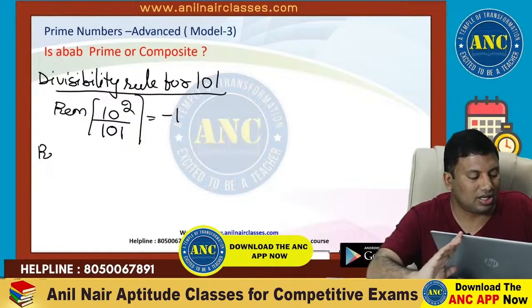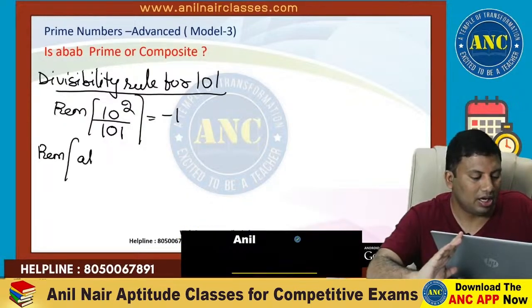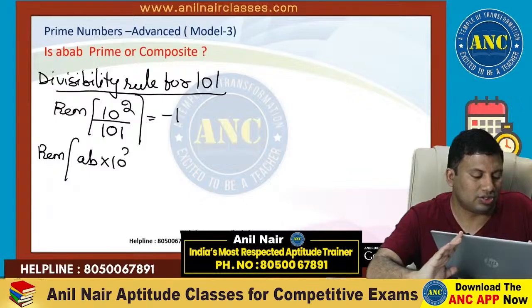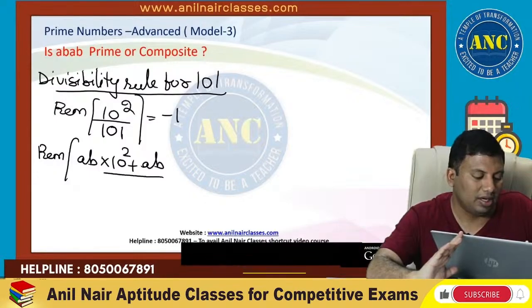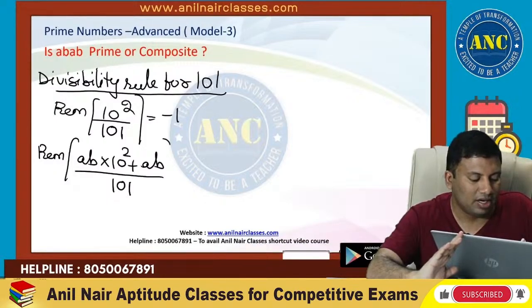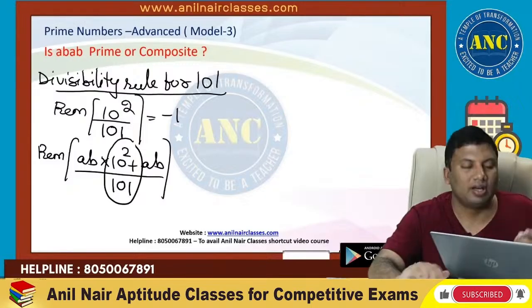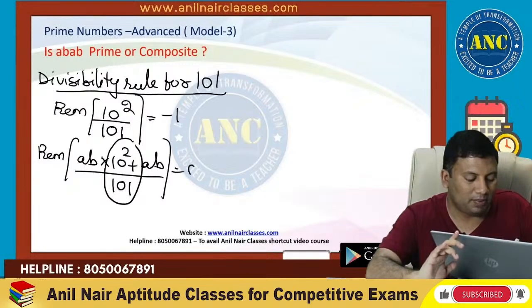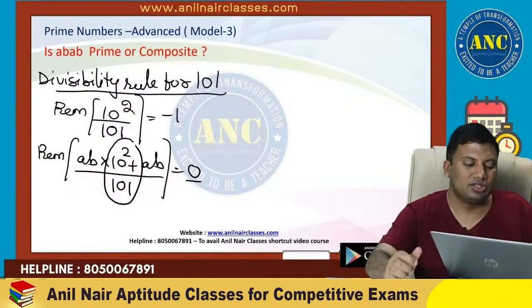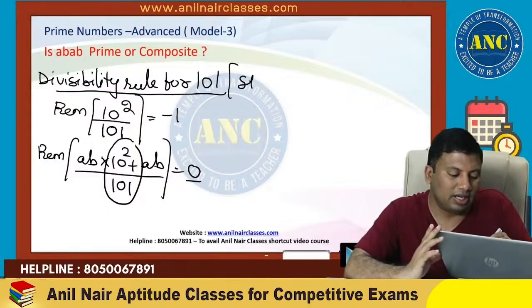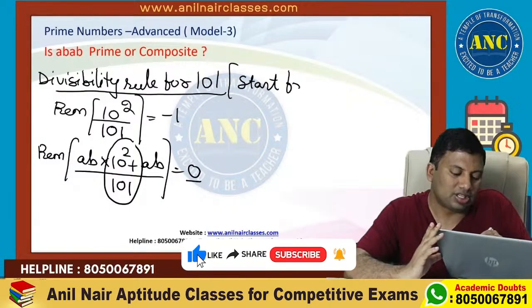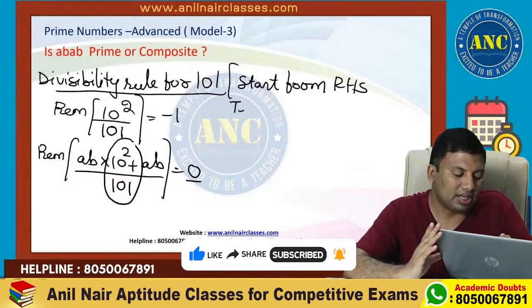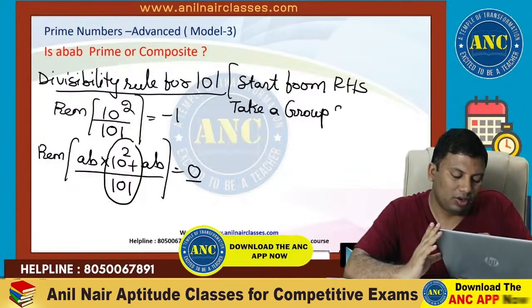So this is AB into 10 square plus AB divided by 101, which is minus AB plus AB. What is the remainder? 0. So what is the divisibility rule for 101? Start from right hand side, take a group of 2 digits.